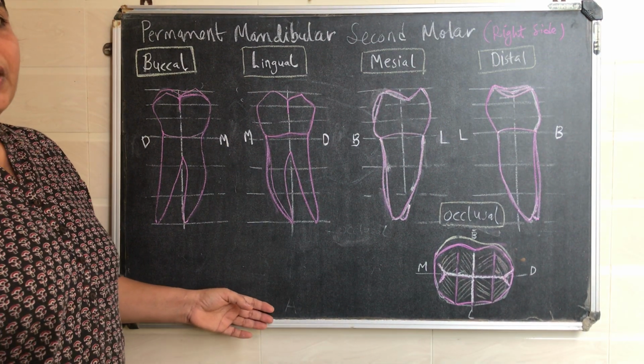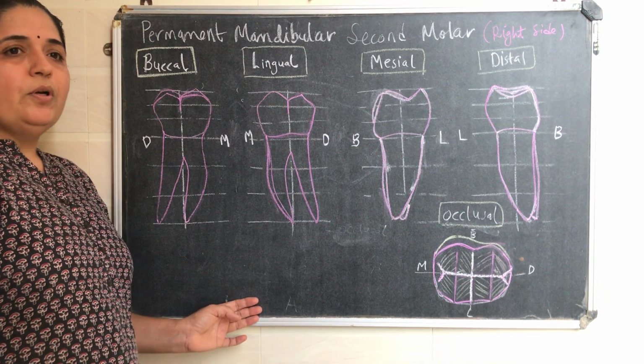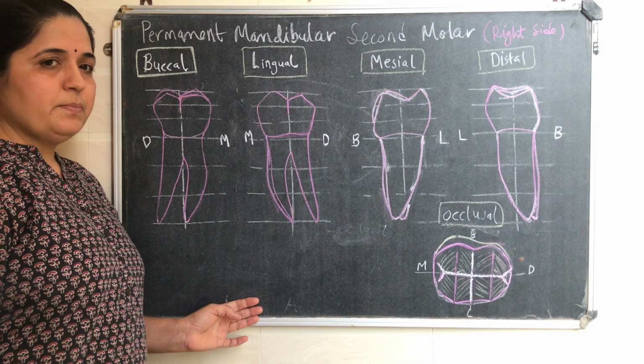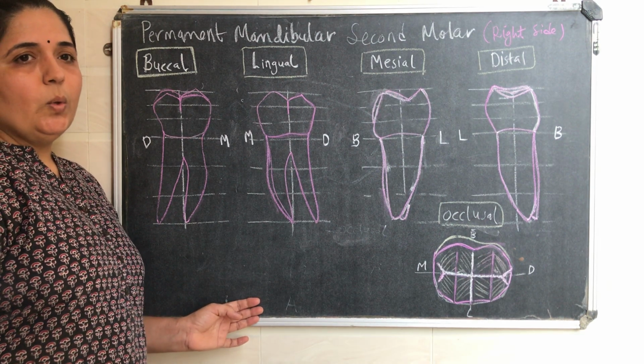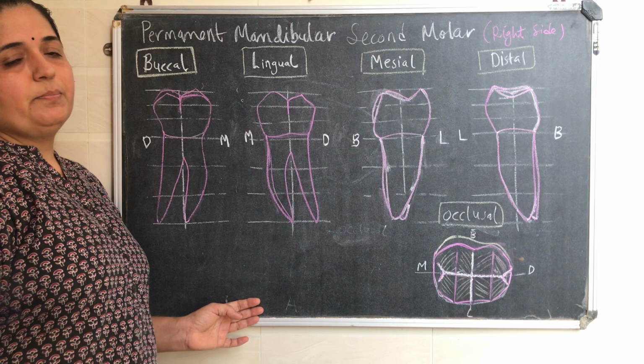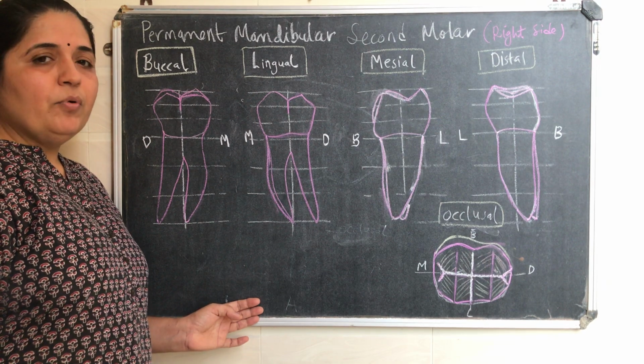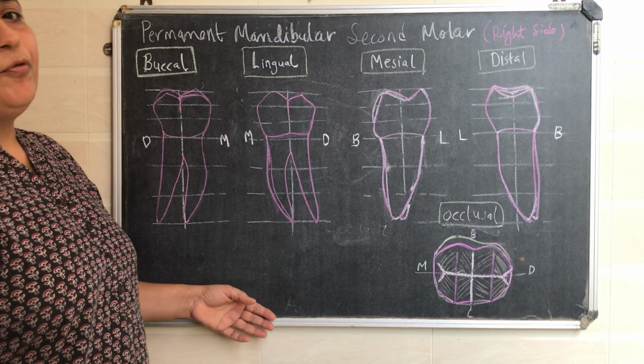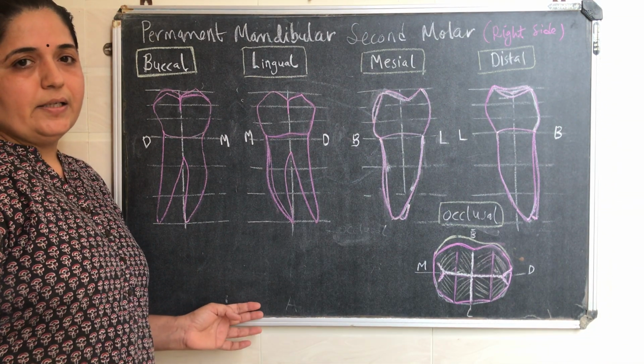Then the number of cusps. First molar, as you know, is having 5 cusps, 2 buccal, 2 lingual and a distal cusp. Whereas the second molar is having only 4 cusps. There is no 5th cusp or the distal cusp. Right?